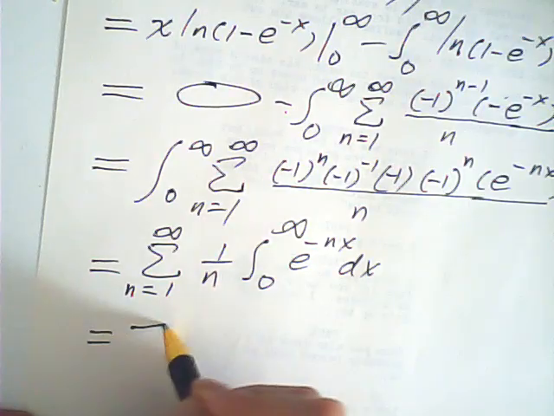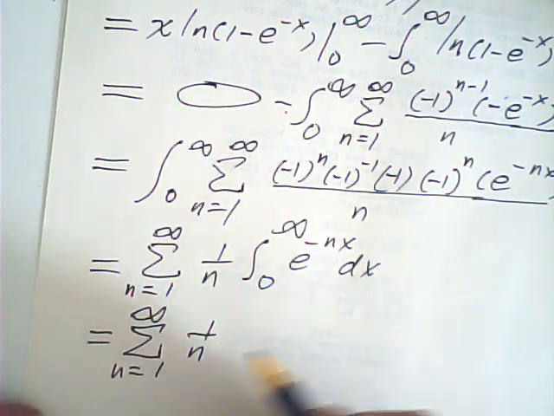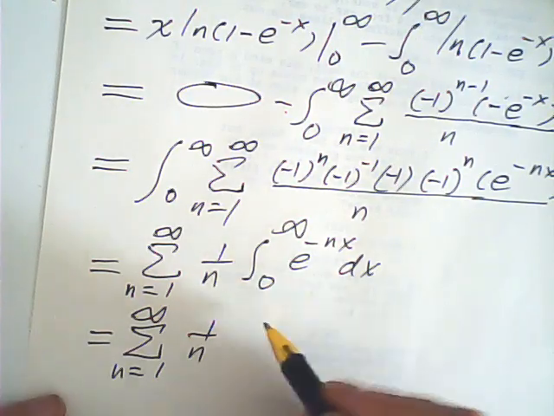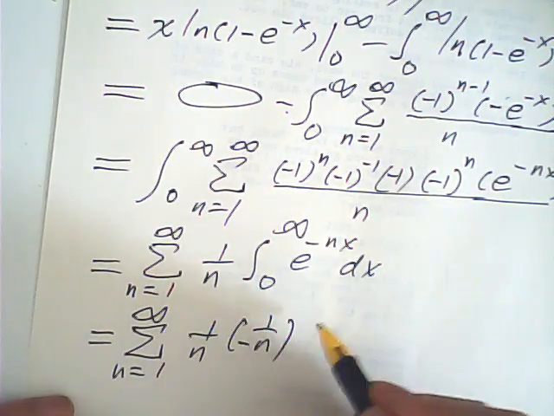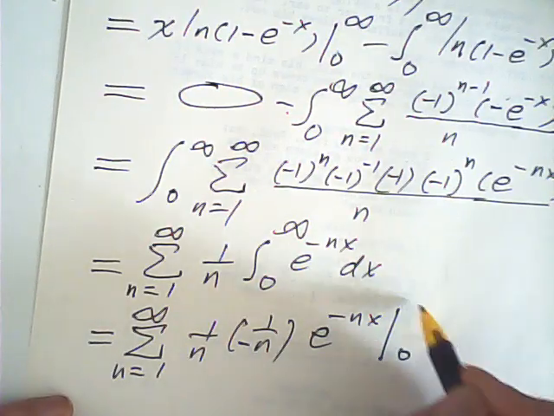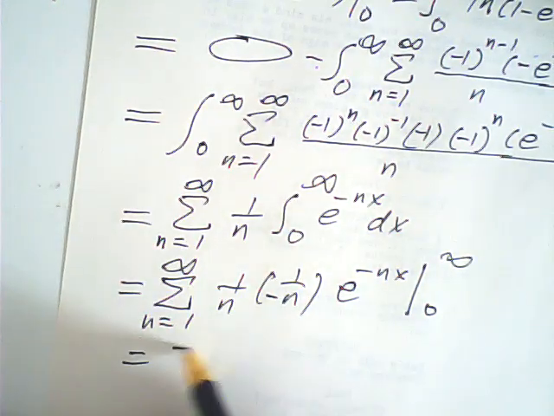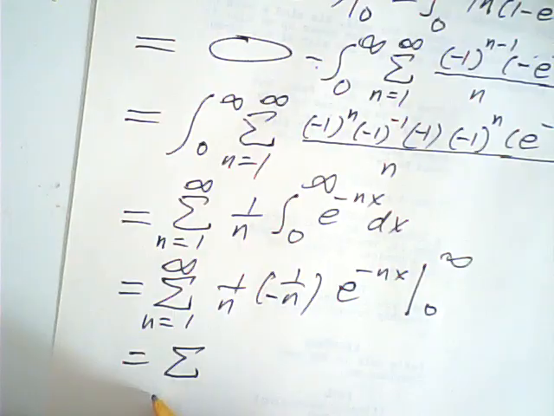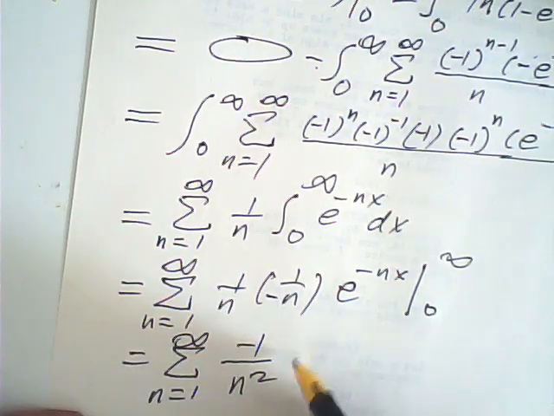So this one is equal to the sum. This integral is 1 over negative n, right? And e to the negative nx from 0 to infinity. So this one is equal to the sum from 1 to infinity of negative 1 over n squared times this.